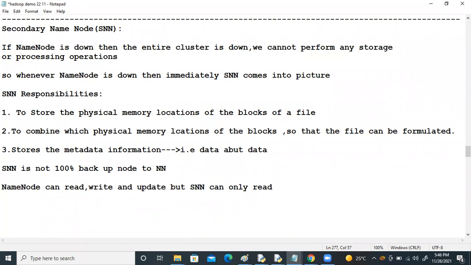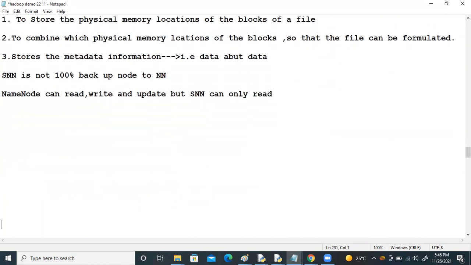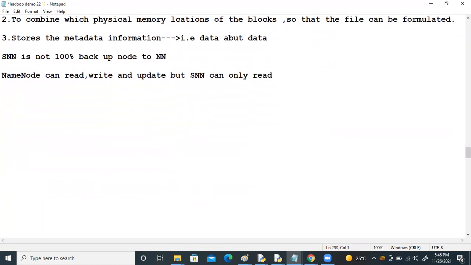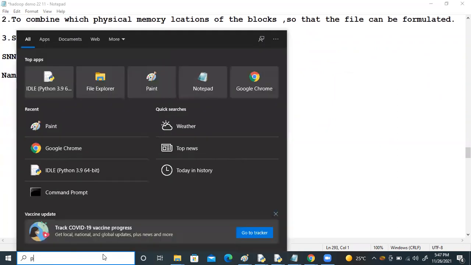To understand what happens within the secondary name node, first you need to understand what happens within the name node. Observe this diagram once.